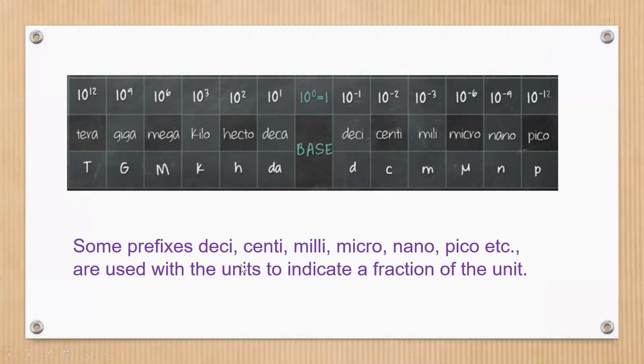Some prefixes, deci, centi, milli, micro, nano, pico, etc., are used with the unit to indicate a fraction of the unit, like 1/10, 1/100, 1/1000. They are really very, very small numbers.